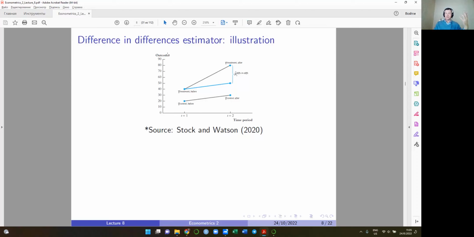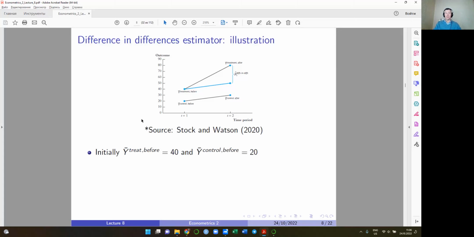So then we logically claim that for the treatment group, if the treatment would not be applied, the outcome would be 50. But in reality, we see that after the treatment, they ended up at 80. So 80 minus 50 is exactly the causal effect. Not 80 minus 40, but 80 minus 50. And this 10 is a natural change, if no intervention, if no treatment was applied.